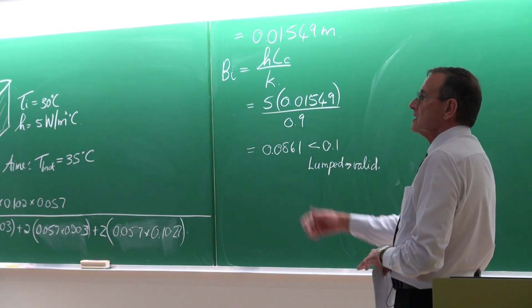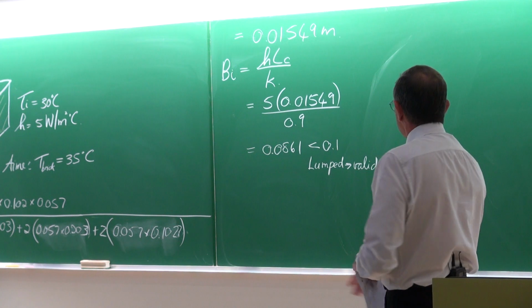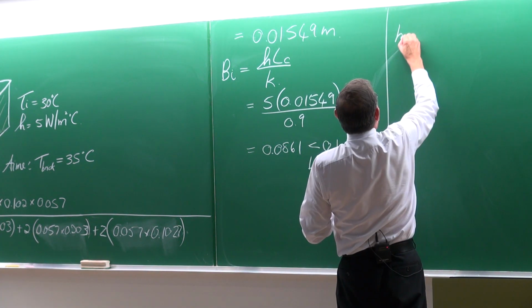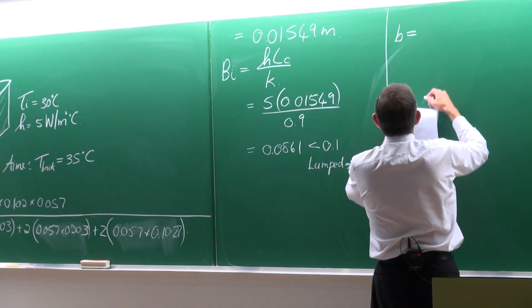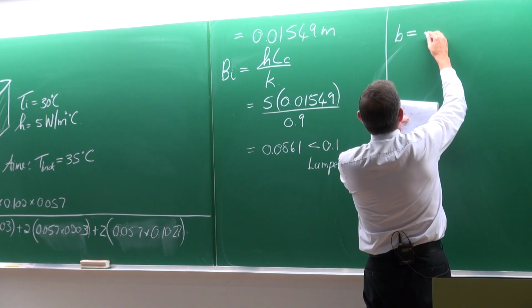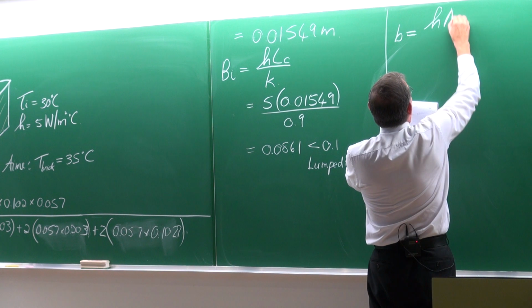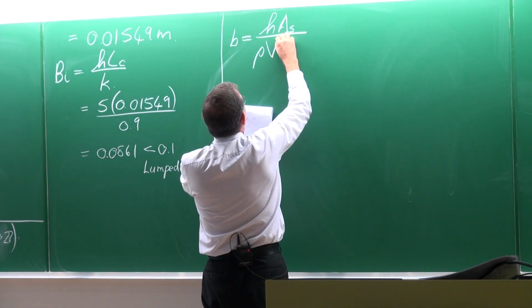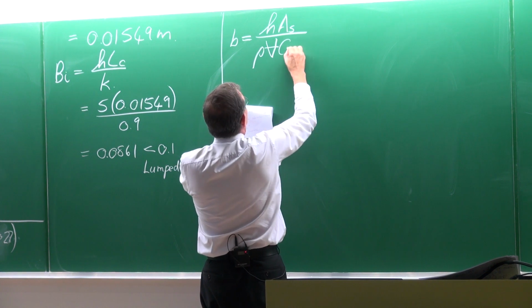Okay. So now that we've got the green light, let's calculate the value of B. The value of B is equal to the heat transfer coefficient multiplied by the surface area divided by rho, the volume and Cp.